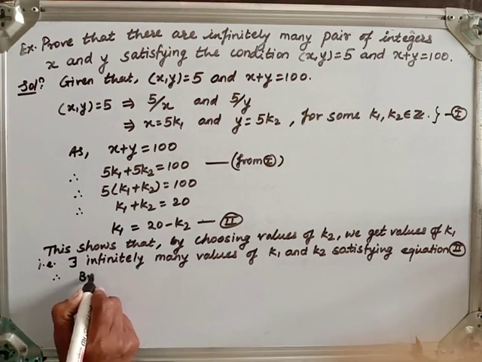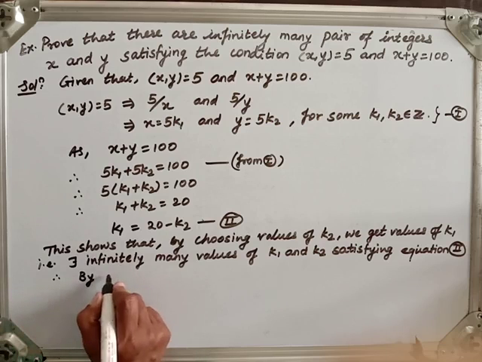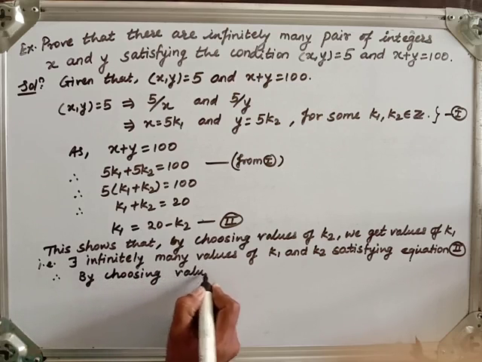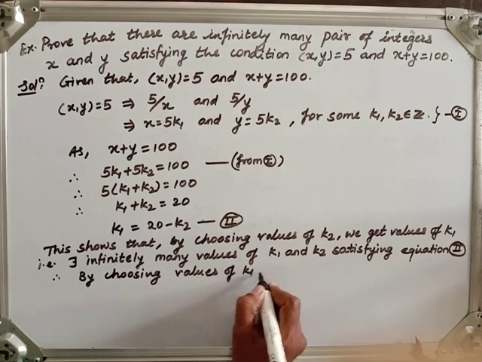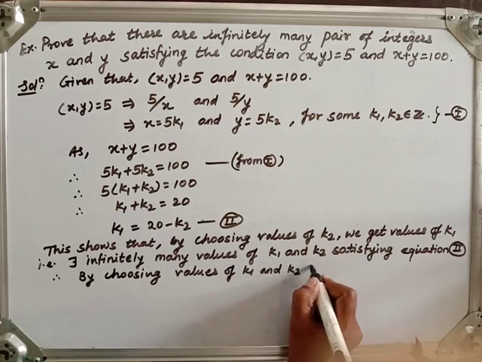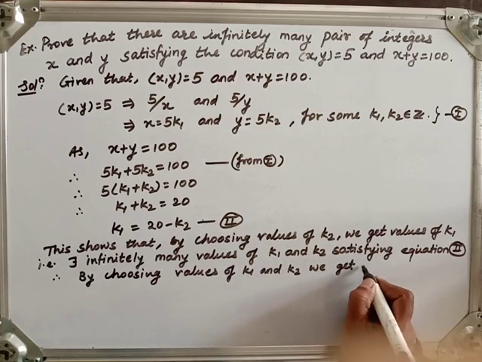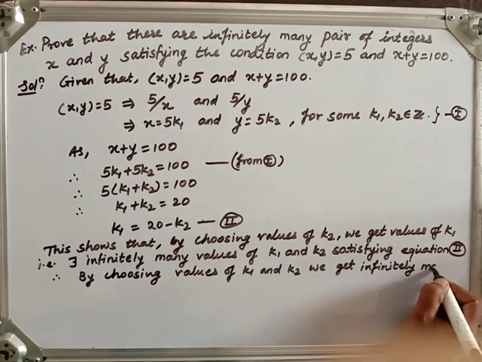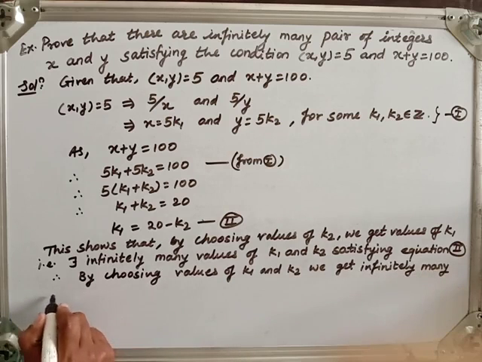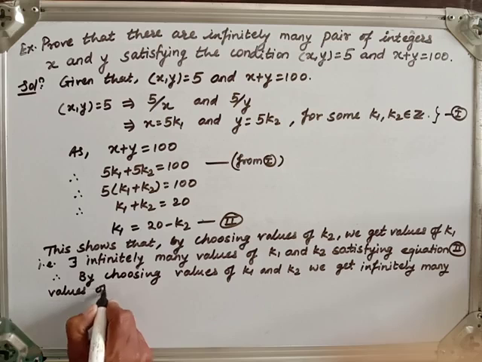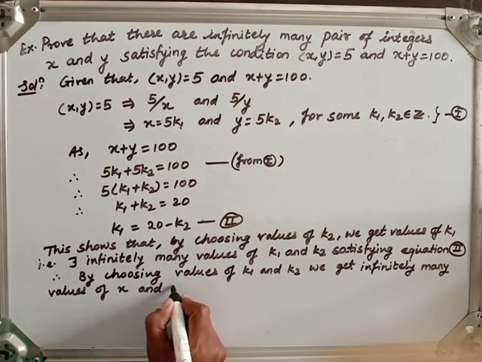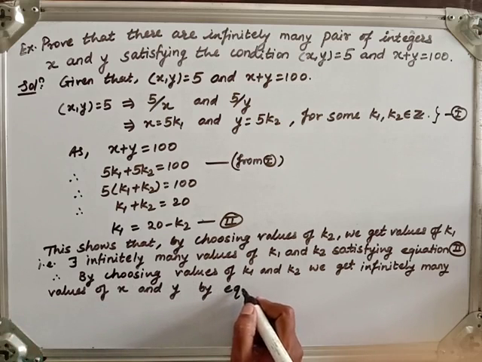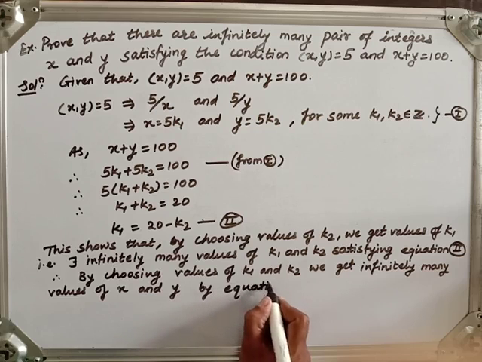Therefore by choosing values of k1, k2 we get infinitely many values of x and y by equation 1.